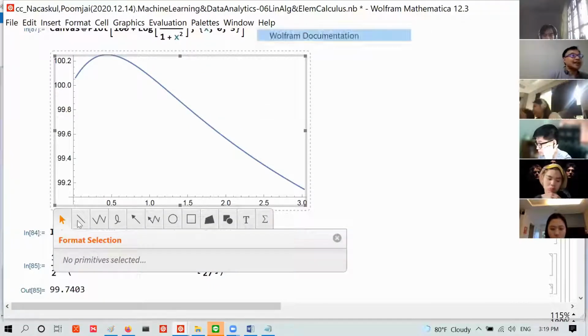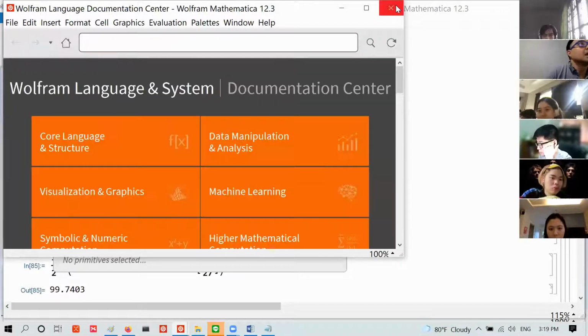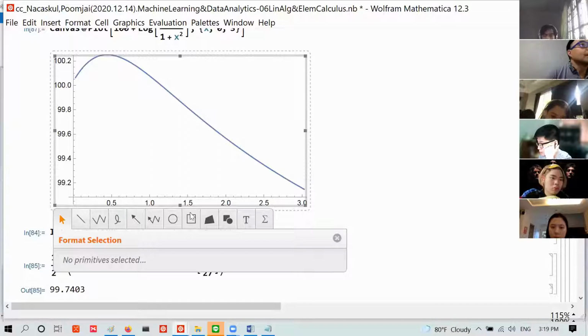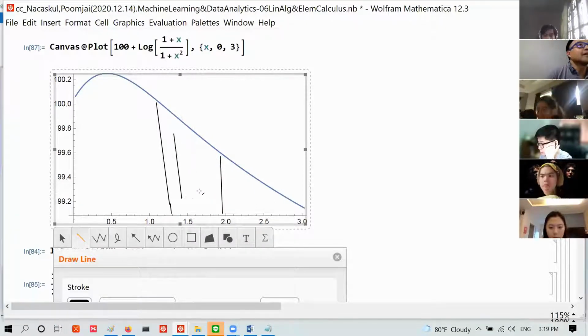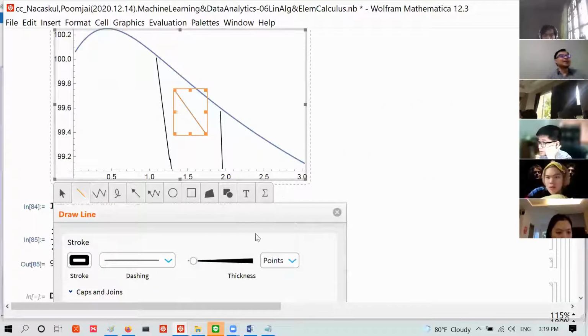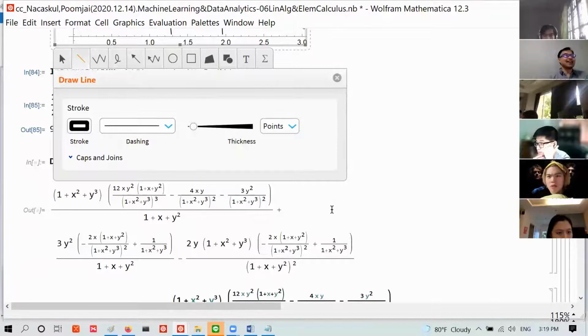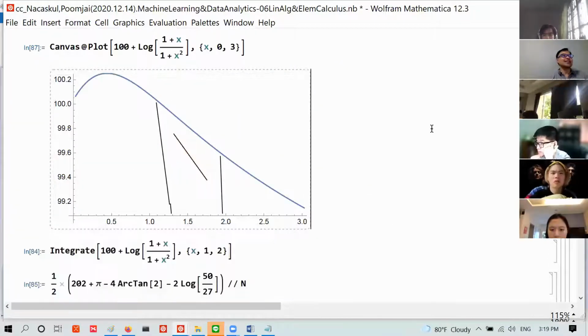Okay, there it is. So if I want the area here between 1 and 2, this area here. I'm not drawing very well. Sorry about that. But that's what the area comes down to. So how does this help you?